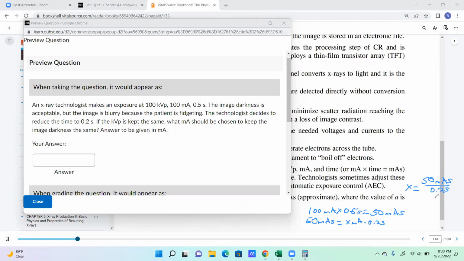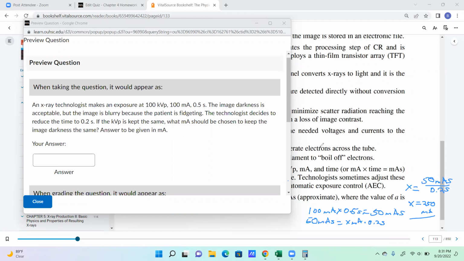But now we're taking 50 and dividing it by 0.2, and that means we end up with 250 MA. So that's how you work that particular problem.